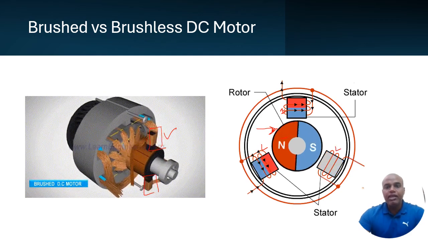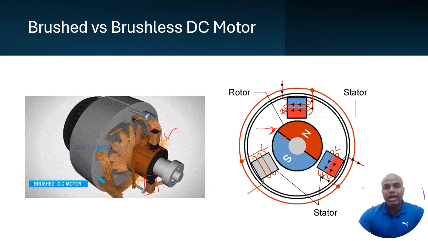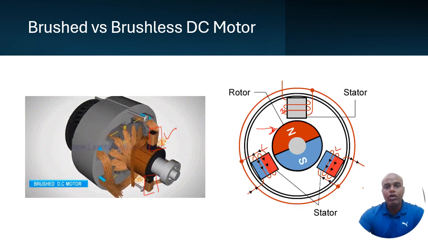As we change the poles over the stator winding by some external arrangement, the rotor also tries to align its poles with the stator poles, and therefore the rotor keeps moving.